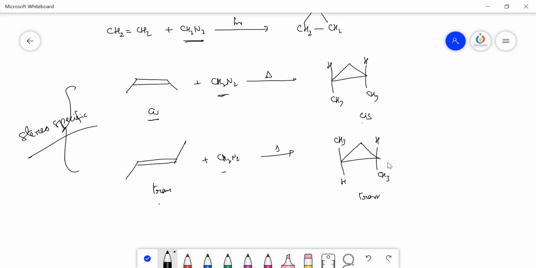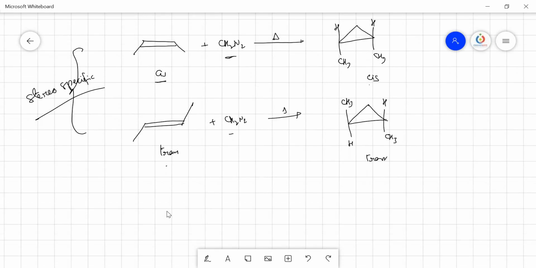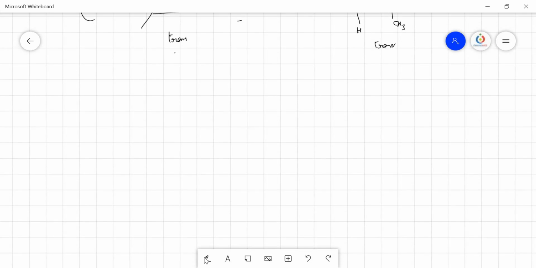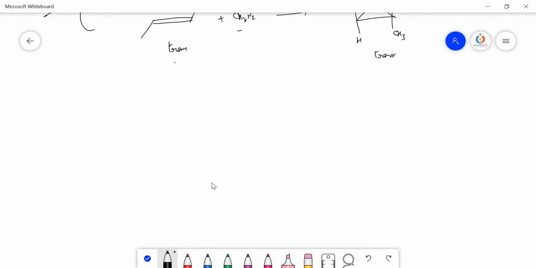One is cis, one is trans. Actually, the stereospecific reactions definition is a bit different, but for this reaction just maintain this, because the definition was already given in the stereochemistry. Please see that. If you do not find that definition or if you have any doubt, please WhatsApp me.